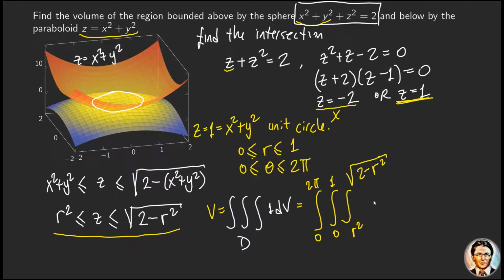So dV is replaced with r dz dr d theta. We have to use the same order: z first, then r from 0 to 1, and theta from 0 to 2 pi.